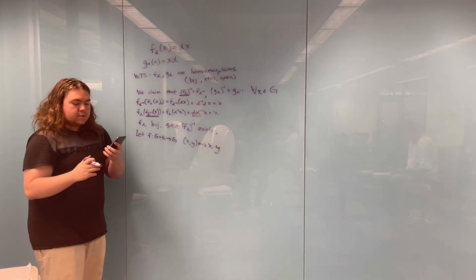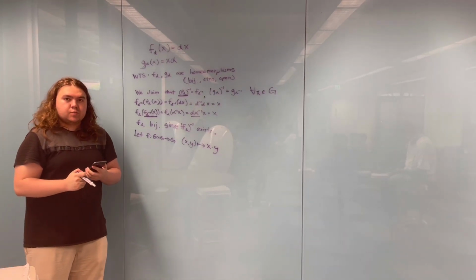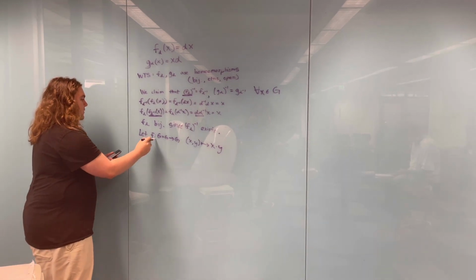We know that this is continuous since G is a topological group, so we already know F is continuous.